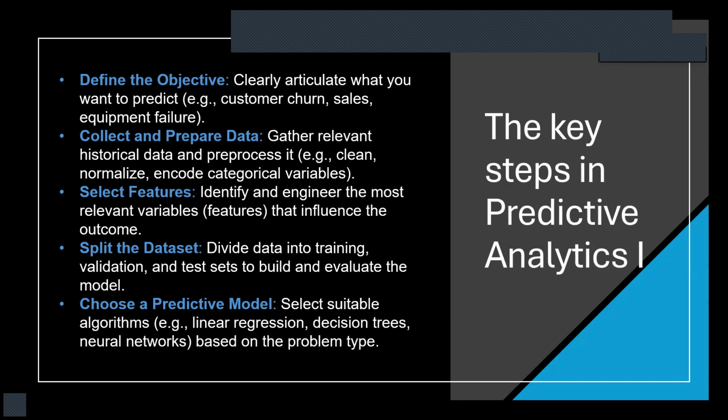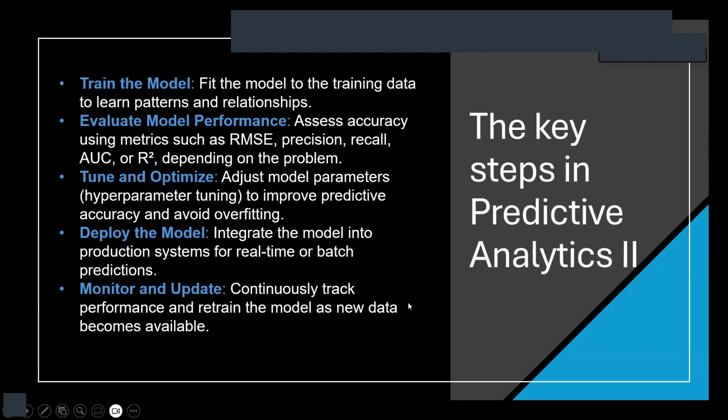And then you choose the predictive model that you're going to use, which can be linear regression, decision trees, or neural networks, based on the problem type that you have. And then you train the model, and then you evaluate the model performance, where you're using things like your confusion matrix, your RMSE, your precision, recall, AUC, depending on what the specific problems are.